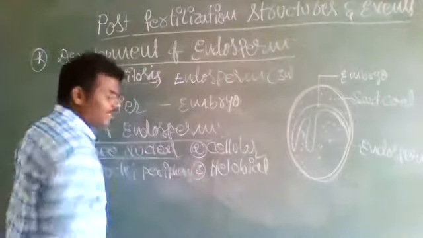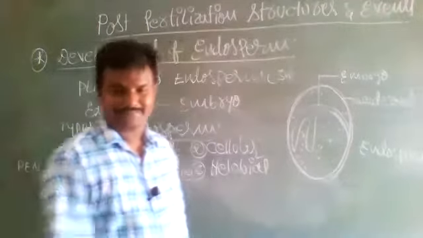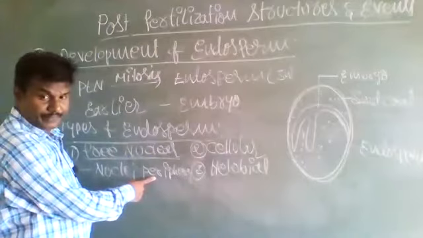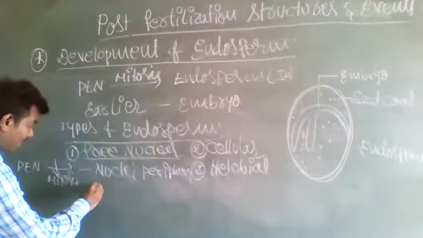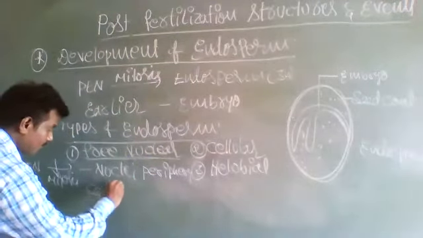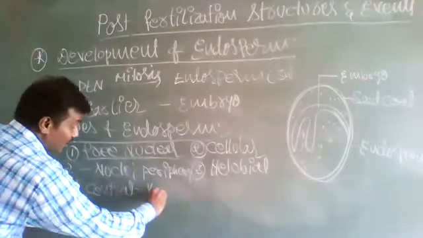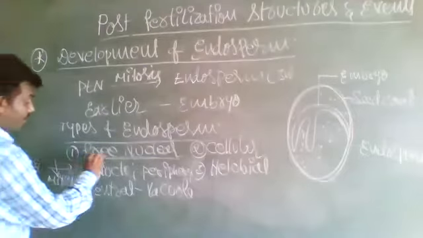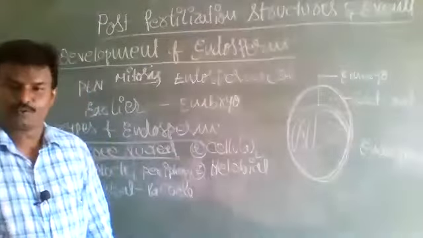Periphery means what? Outer side. All the nuclei are settled at the periphery, leaving the central large vacuole. That is called free nuclear endosperm.